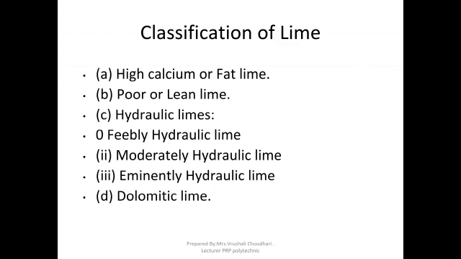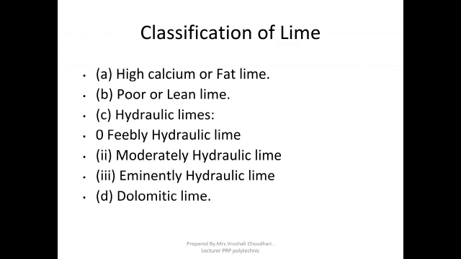Poor calcium lime, or poor lime or lean lime, contains 75% calcium oxide and 25% clay and other impurities. Hydraulic lime contains 70 to 80% calcium oxide, 5 to 20% clay and a small quantity of iron oxide and magnesium oxide.